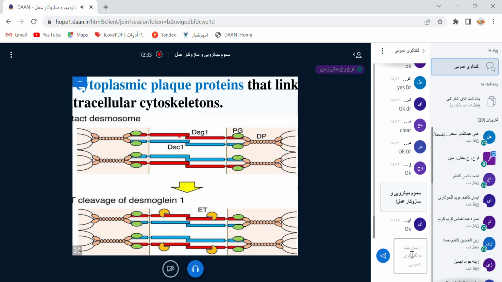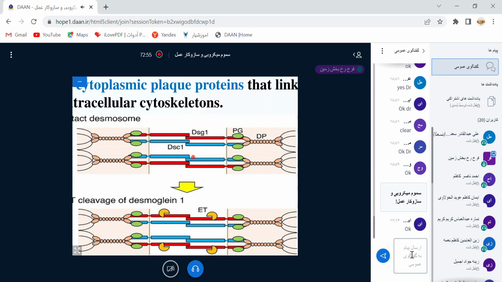Some things are inside the right cell, some things are in the left cell, and some things, desmosomes, are in between the left and right cells.